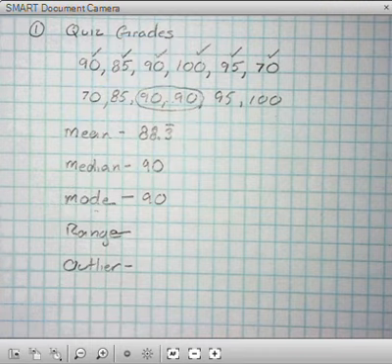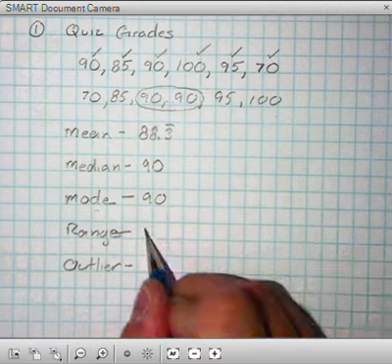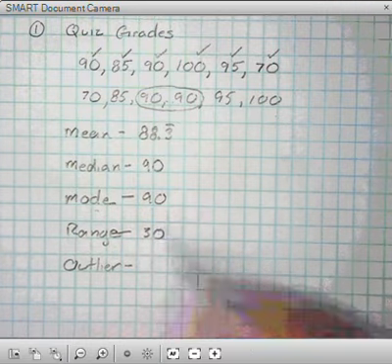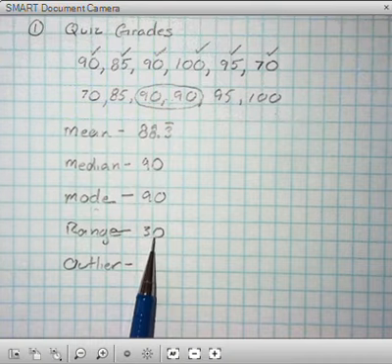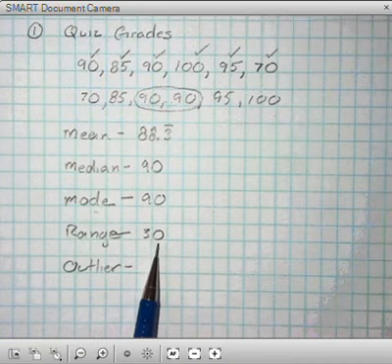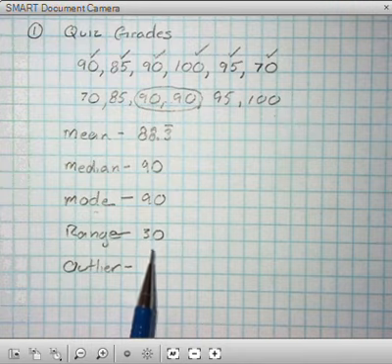30, and how'd you get that? So 100 minus 70. Yeah. The range isn't really used to describe the numbers in your data set. It's used to describe how spread out it is. So the smaller the range, the closer your numbers are together.